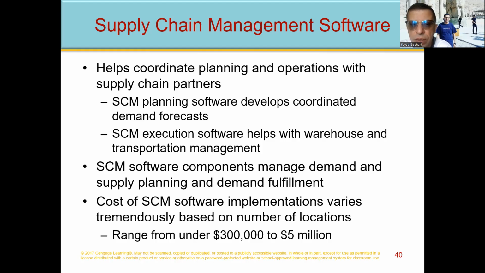Supply chain management execution software helps with warehouse and transportation management. Supply chain management software components manage demand and supply planning and demand fulfillment. The cost of supply chain management software implementation varies tremendously based on the number of locations and complications, and it ranges between $300,000 to $5 million and above.